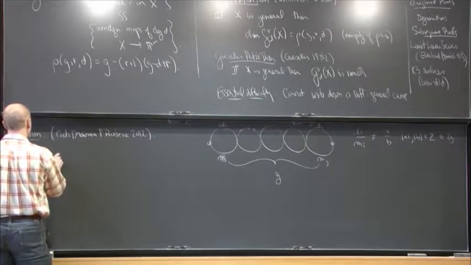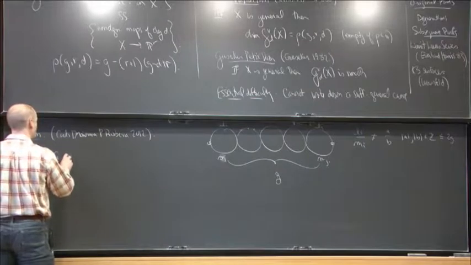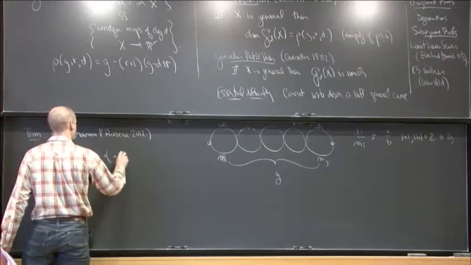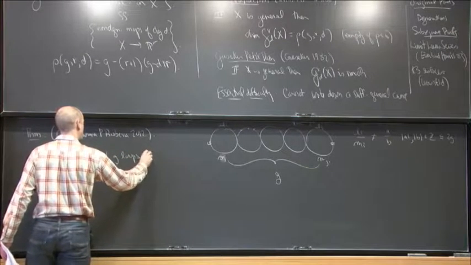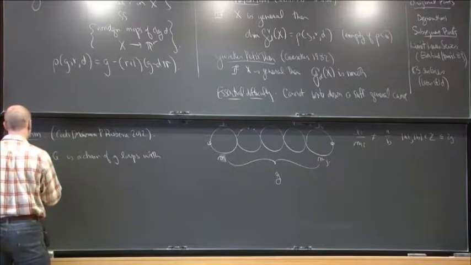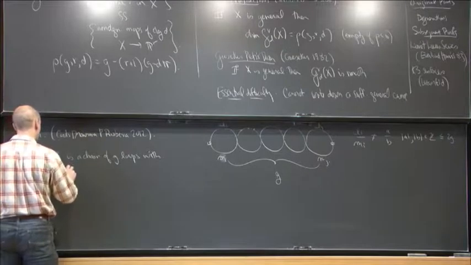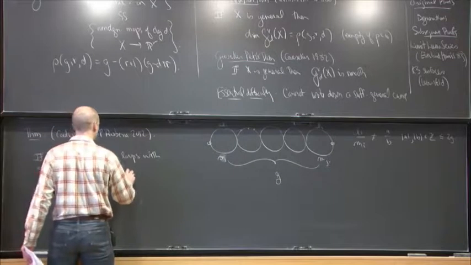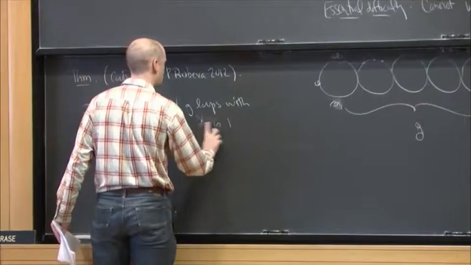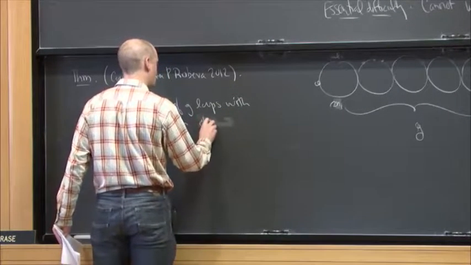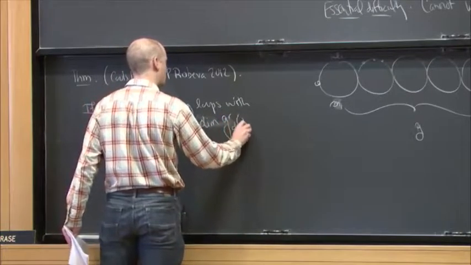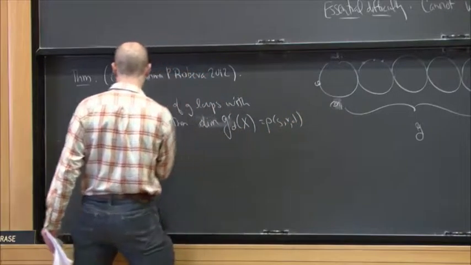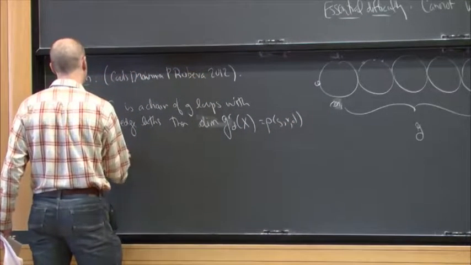And now the statement is that if Gamma is a chain of loops with generic edge lengths, so that genericity condition, then the dimension of G^r_d of Gamma is rho of g, r, d. And again, it is empty if rho is negative.